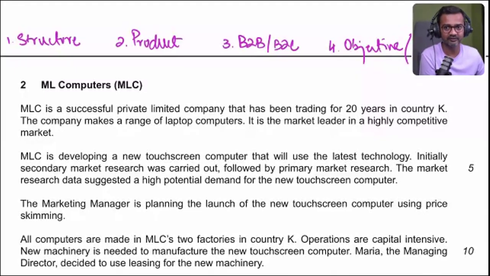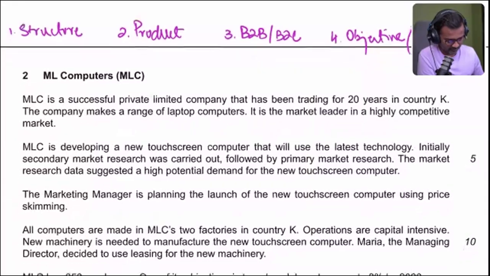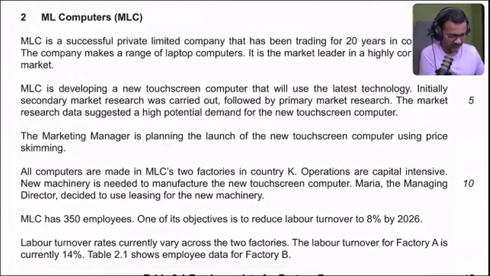Or if you do something that's going against the objective, then you mention that, look, this might create problems later on because we are going against what the objective is. So that's how you basically balance out your objective discussion. Okay, so the structure, product, distribution channel, and objective. And with that, let's get into it.